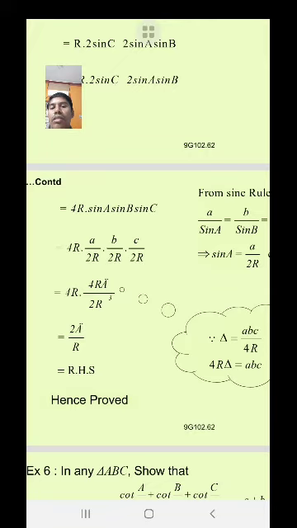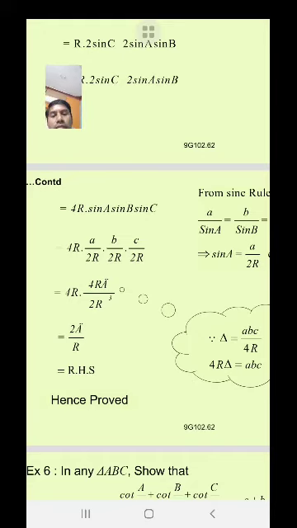So in the numerator we have 4R, and from the denominator 4R should cancel with the numerator, and the remaining terms are 2R squared.